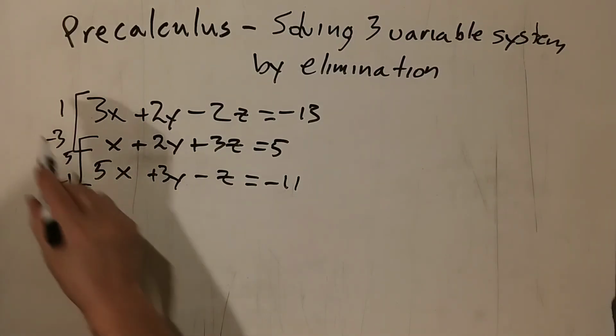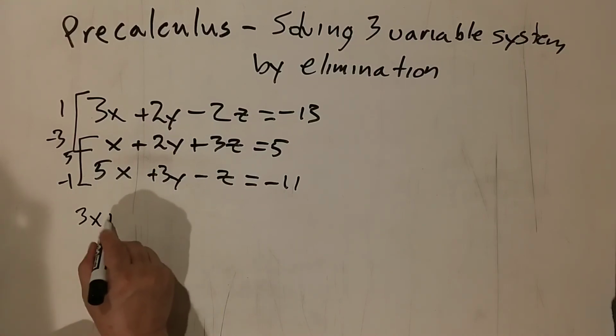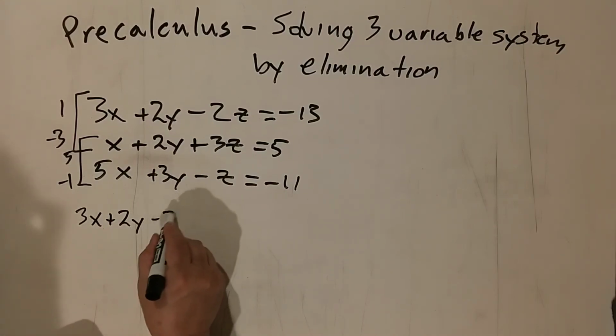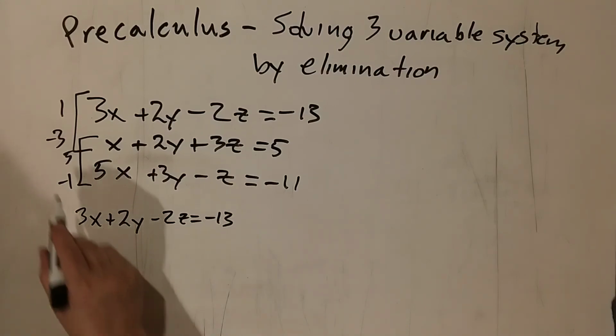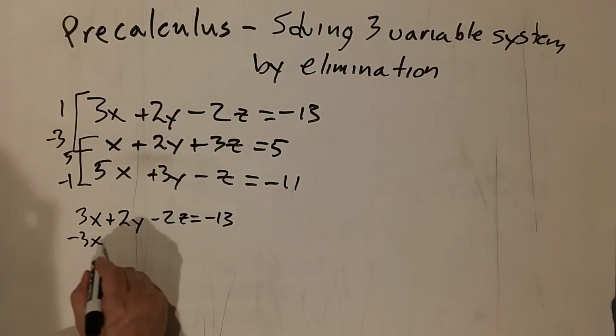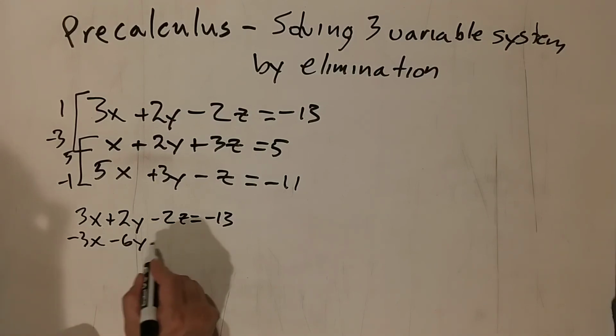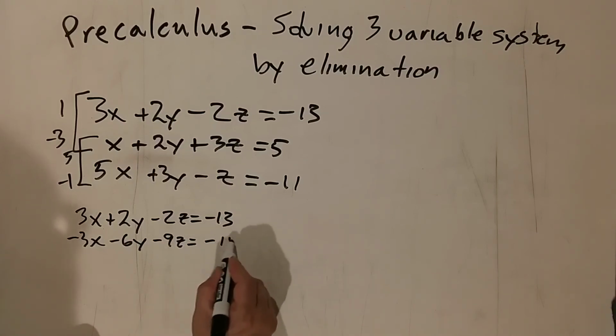So taking the first two, I have 3x plus 2y minus 2z equals negative 13, multiplying by 1. Then multiplying by negative 3 in the middle: negative 3x minus 6y minus 9z equals negative 15.